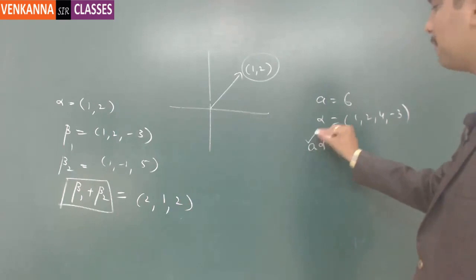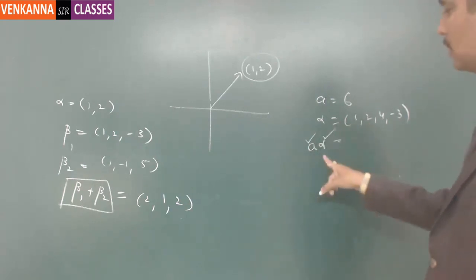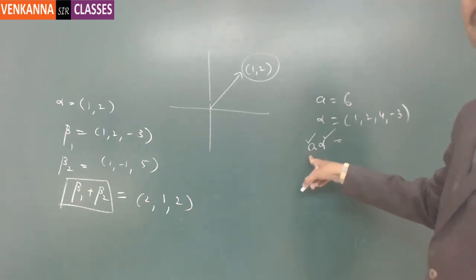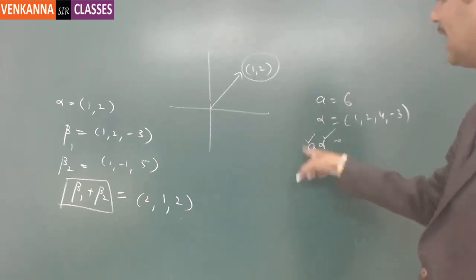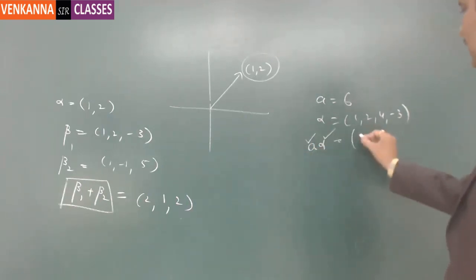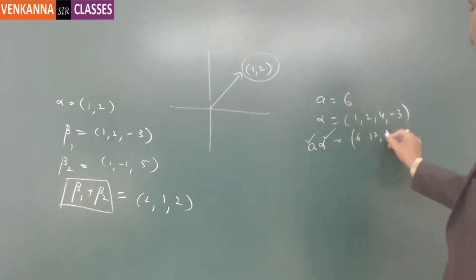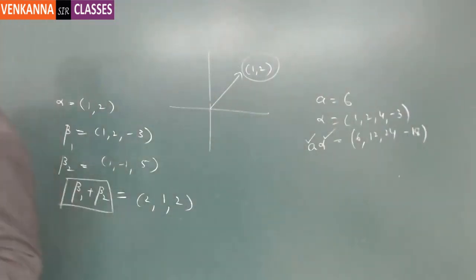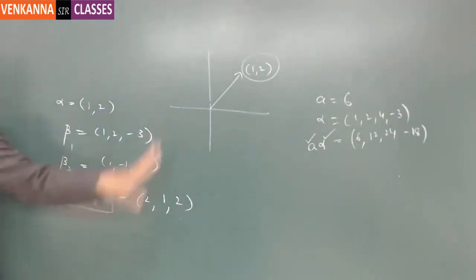So this is the number and this is the vector. Another name for number is scalar. That's why we are calling it scalar multiplication. And how will it be? 6, 12, 24, -18. This is the answer.